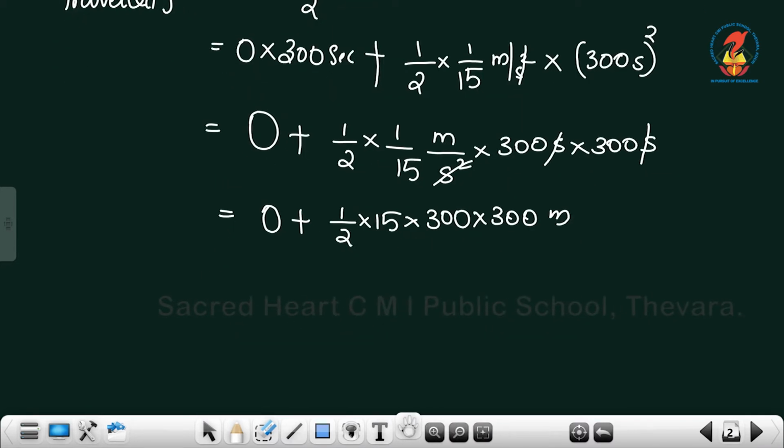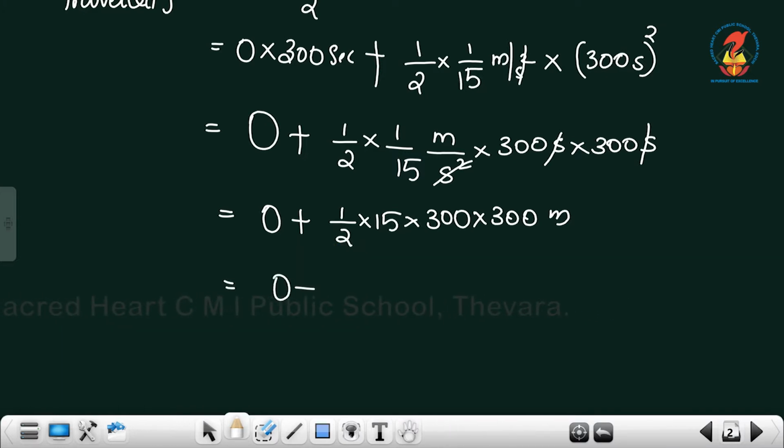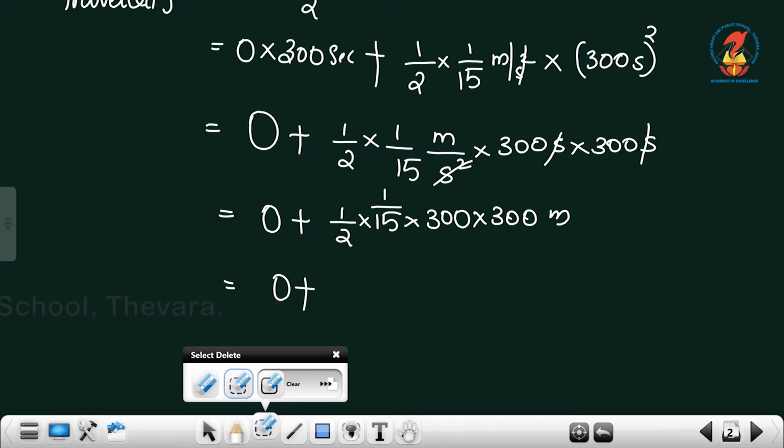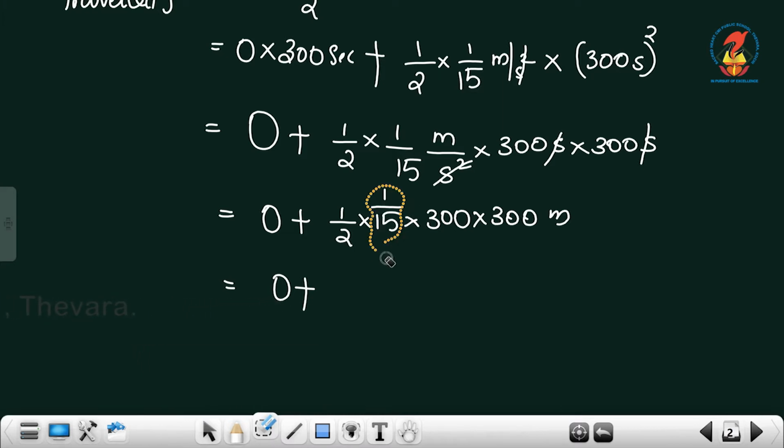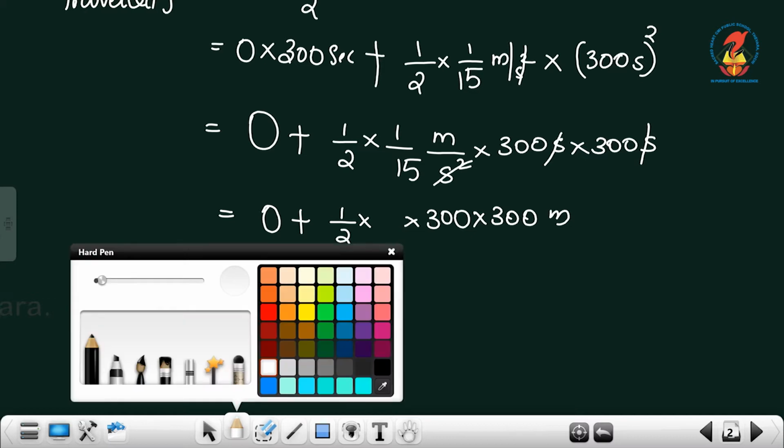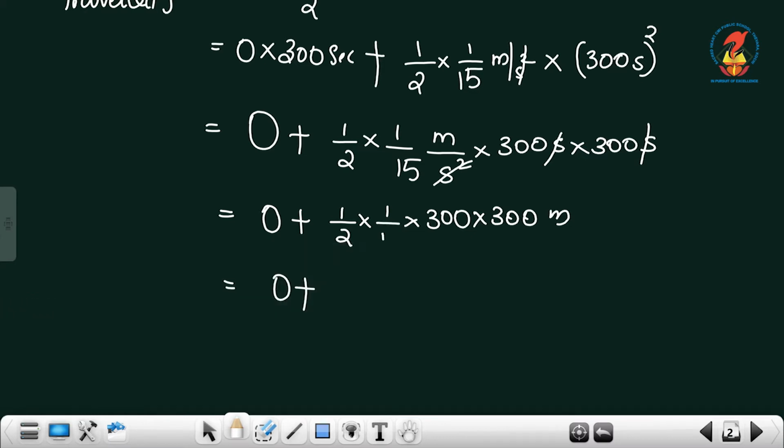Now, that is 0 plus, now cancel it. Is there anything to cancel? It's 1 by 15, yes, with 15 you can cancel.